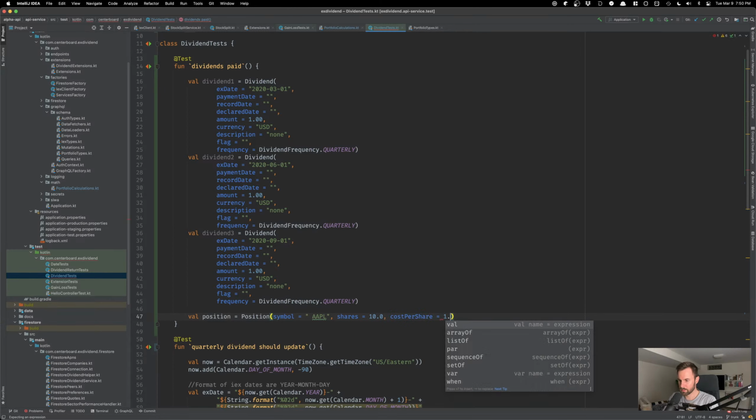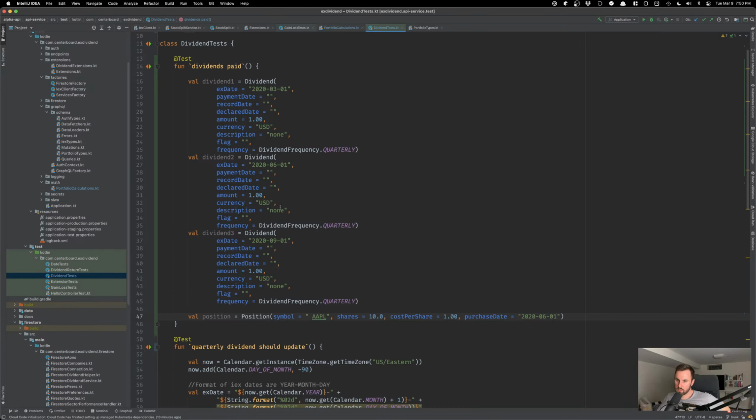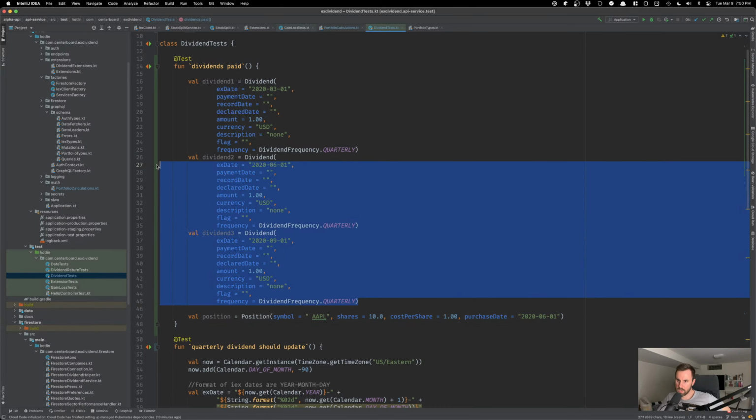Cost per share doesn't matter. Purchase date, that's the important one. So we're going to say we purchased this on 2020 06/01. So that should include these last two dividends, but not the first one.